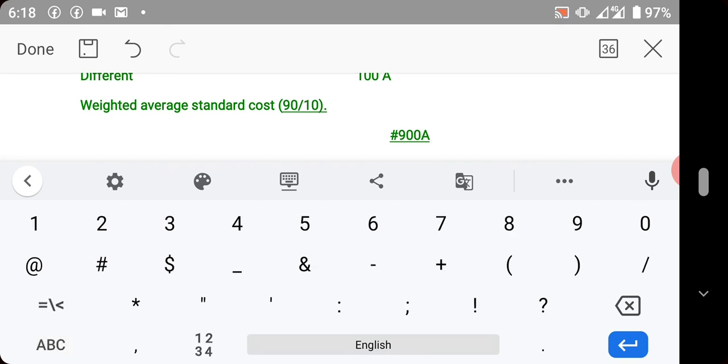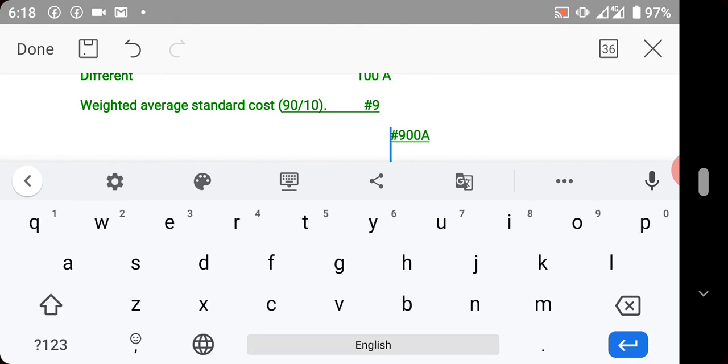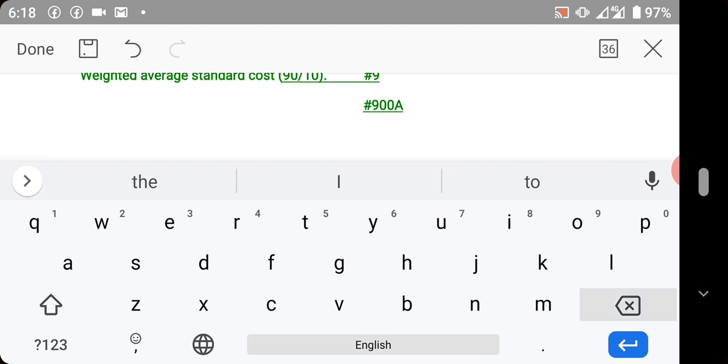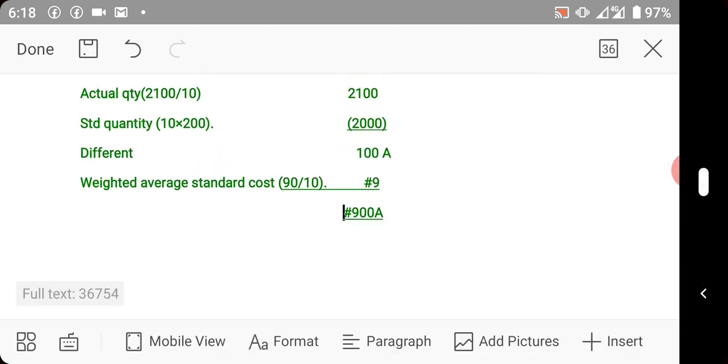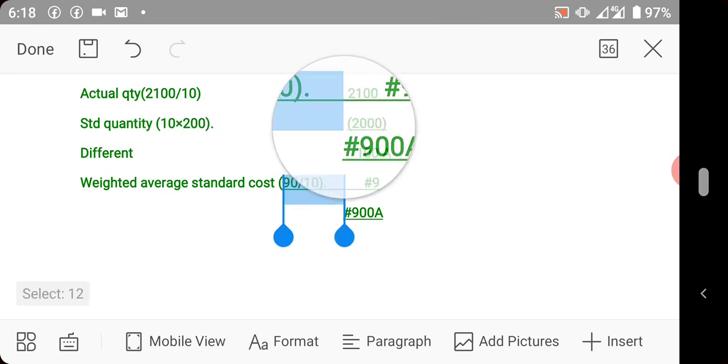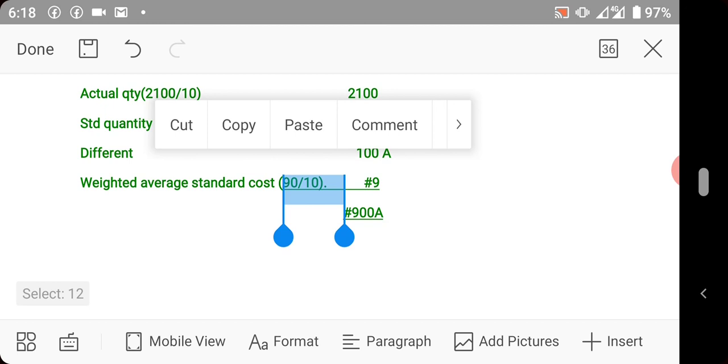So divide this by 9 and multiply this by 9. When you multiply this by 9, remember it's 9 naira. When you multiply this by 9 naira, it will give you 900, which is the same answer we got before. But I just prefer to use this because it makes more sense. That is why I prefer to use it.